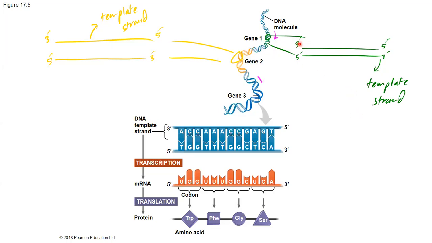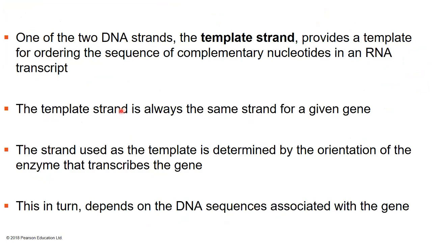But each time the polymerase binds to gene 1, it will always use the bottom strand as a template strand. Here, it will always use the top strand as the template strand. Here, it will always use this strand as the template strand. Okay? So the template strand is always the same strand for a given gene.